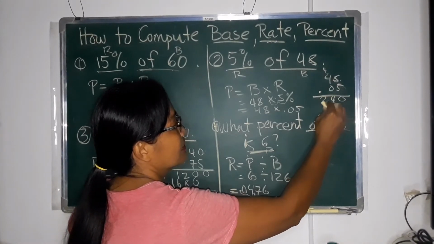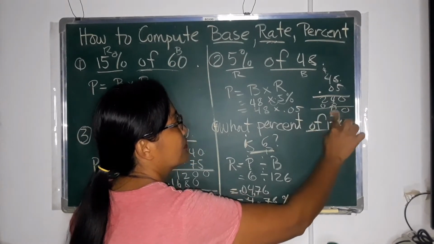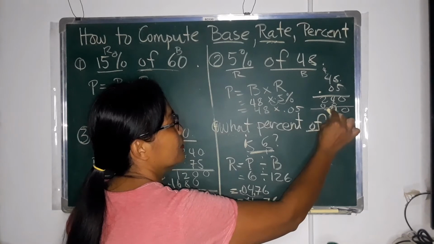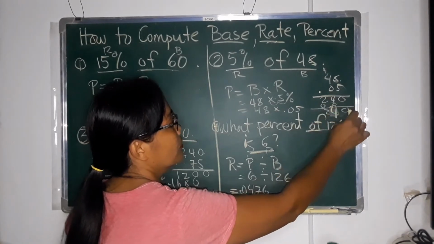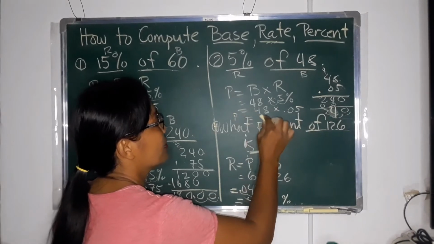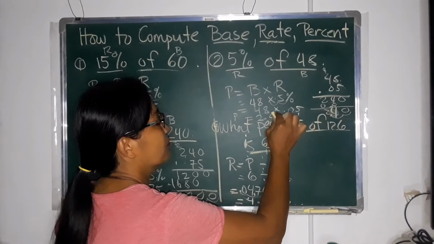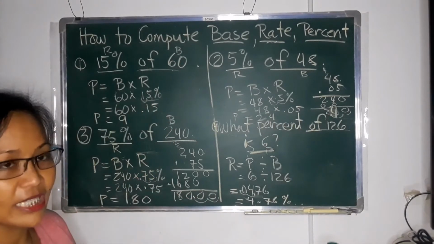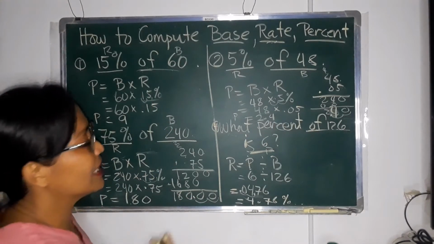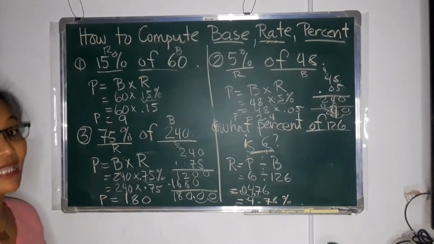And then 0, 0. Add 0. 4 and 2. So, decimal 1, 2. Therefore, ang ating P ay 2.4 or 2.40. Okay? Okay, so ganyan lang ang pagkuha ng base, rate, and percent.